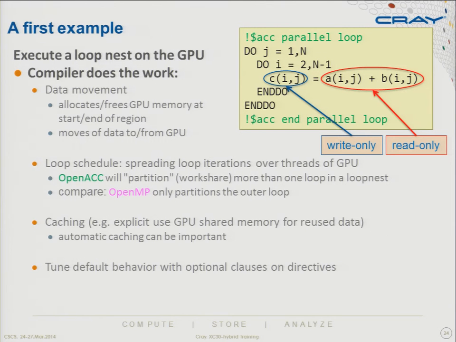So as a first example of what an OpenACC code would look like, I'm going to double the values of an array. What do I do? I say this is a parallel loop, and that's it. What does the compiler do?